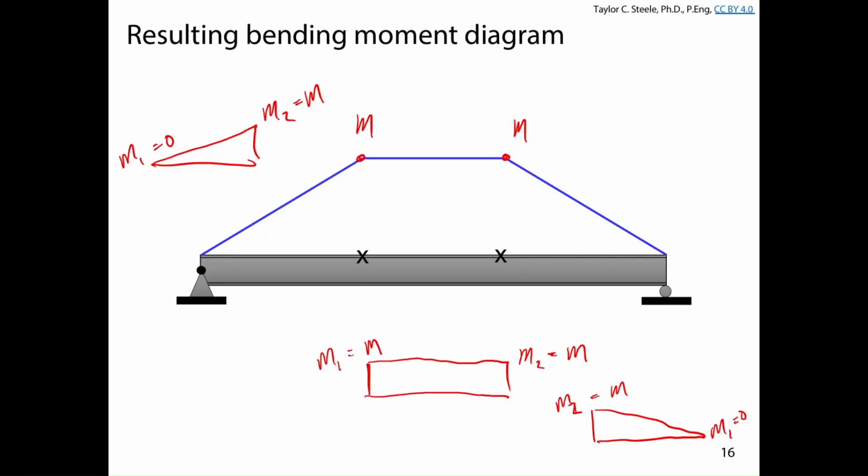So the shapes of the moment diagrams are different. Let's just assume L1, L2, and L3 are the same so that we can just get rid of that.